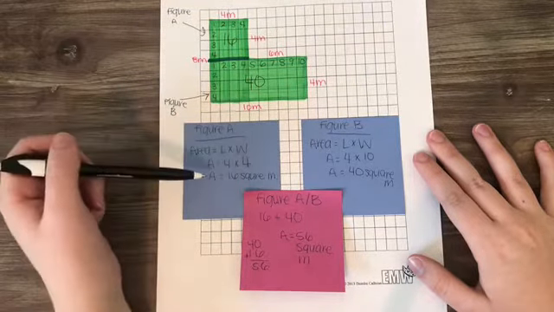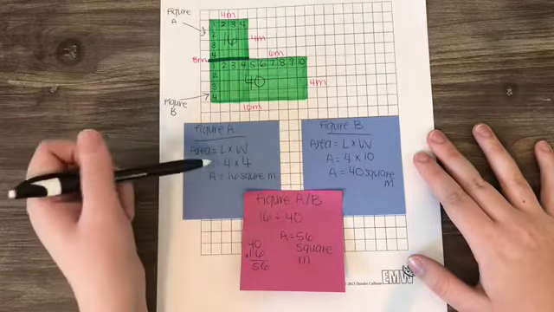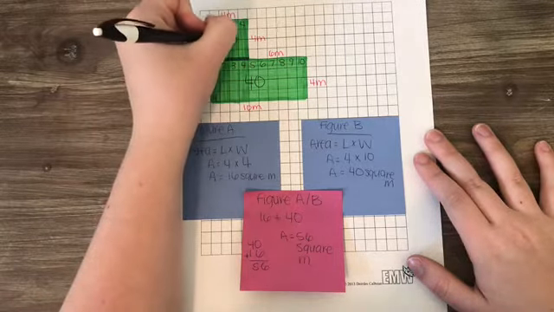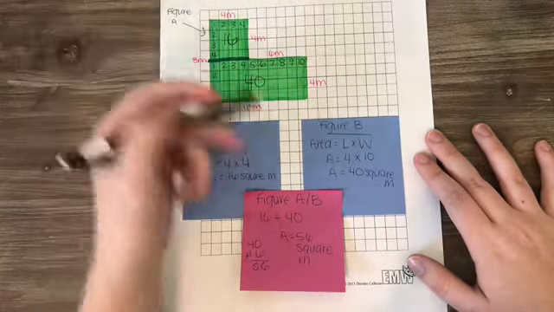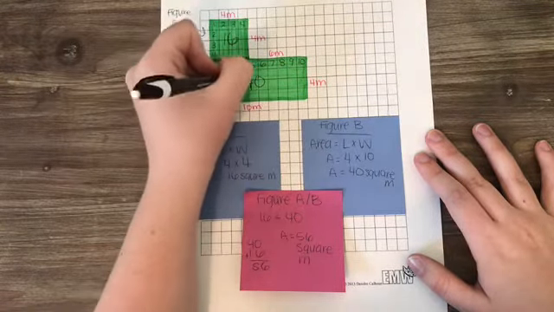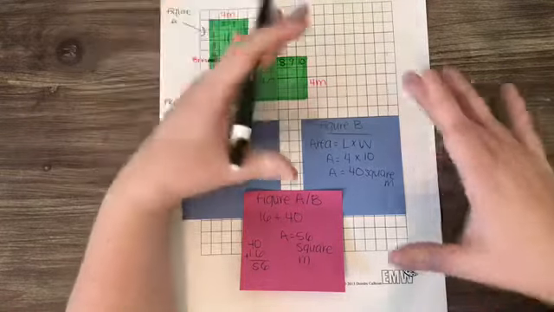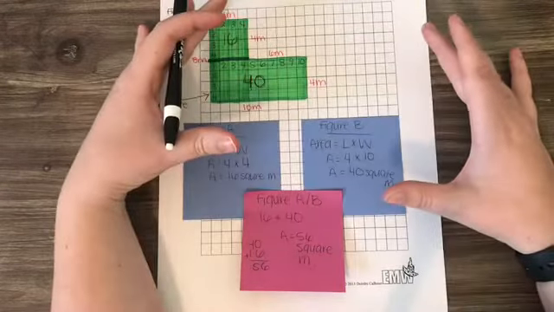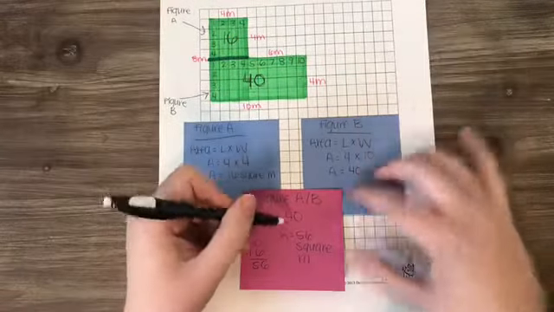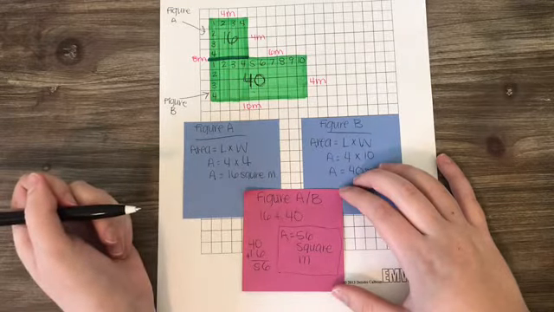And then we added them together, because in figure A we found an area of 16, so that meant there were 16 squares inside this figure. And when we found the area for figure B, we noticed that there were 40 squares inside this box. So instead of multiplying again, because that's just going to make our square bigger, we're just going to add these two together. And in doing so, we found our answer, which was 56 square meters.